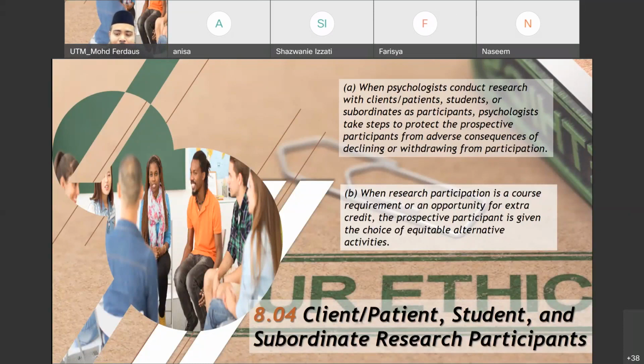So the next part for us to consider for informed consent is client or patient or student and subordinate research participants.